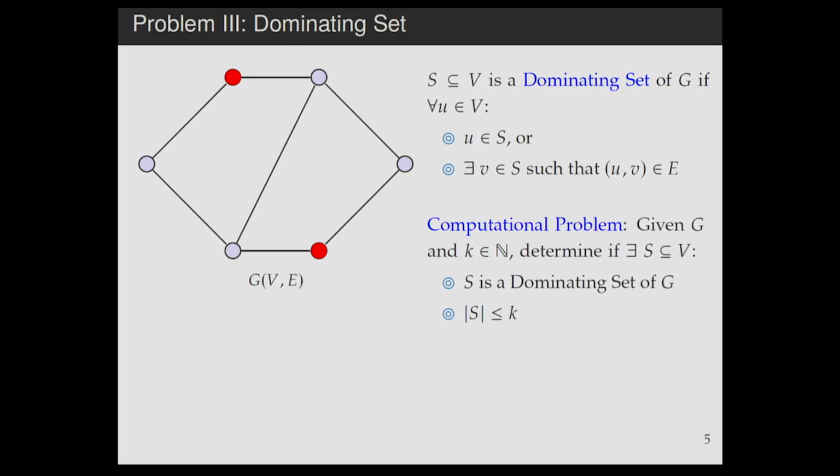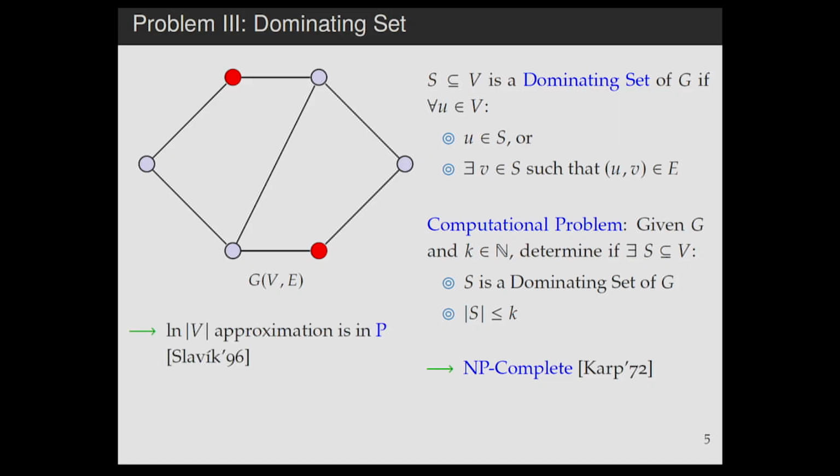This problem is very well studied, of course. It's NP-hard, and the greedy algorithm gives you a natural log of n approximation, and it's also known by a classic result that it is NP-hard to approximate beyond this factor.